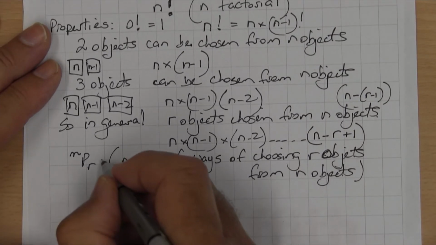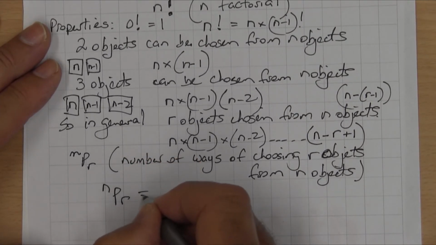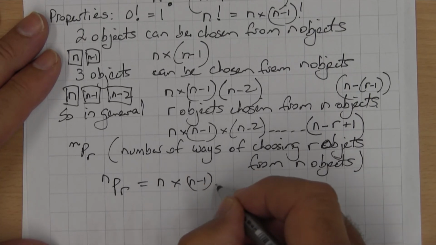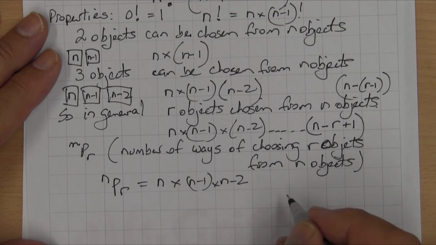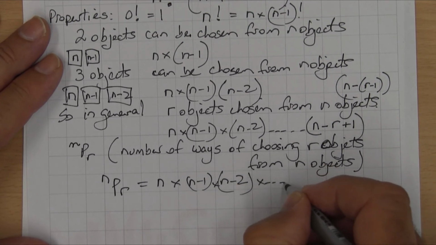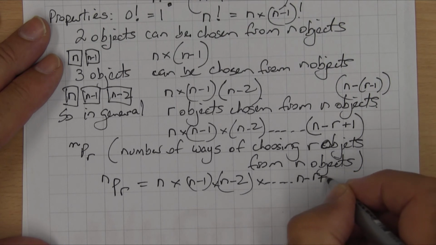So nPr, we just said, is n times n minus 1 times n minus 2 times n minus r plus 1.